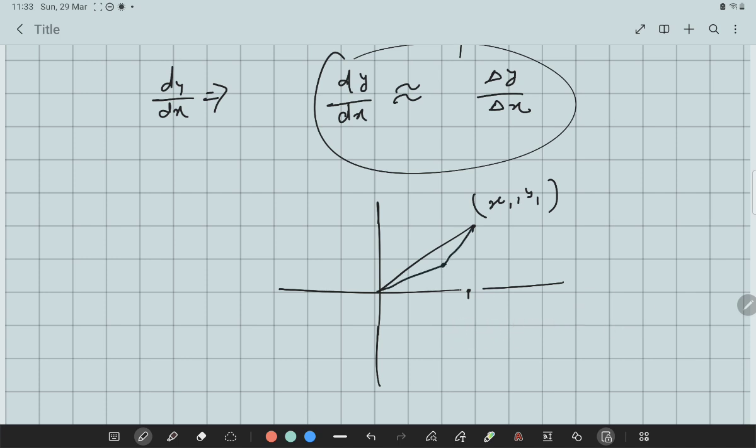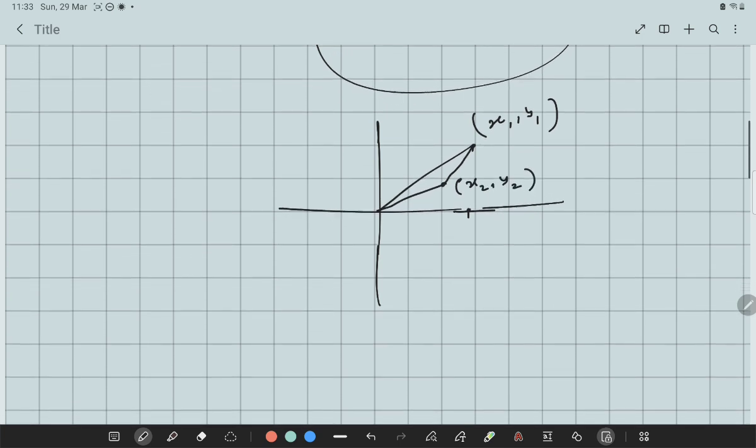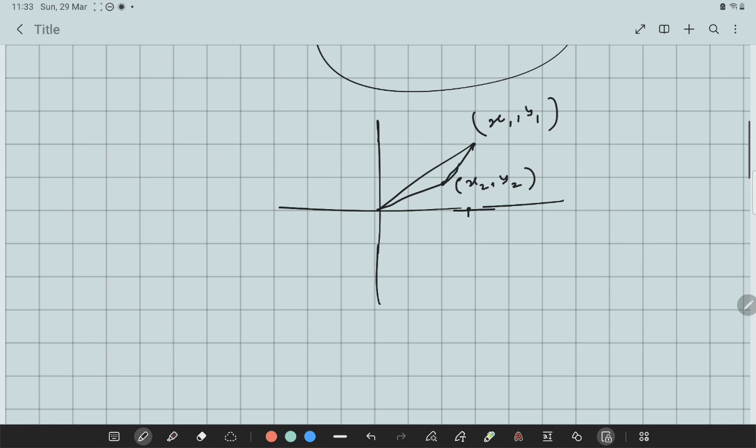This will be more clear. If I take this as (x2, y2) and take the difference, I do y2 minus y1 divided by x2 minus x1.